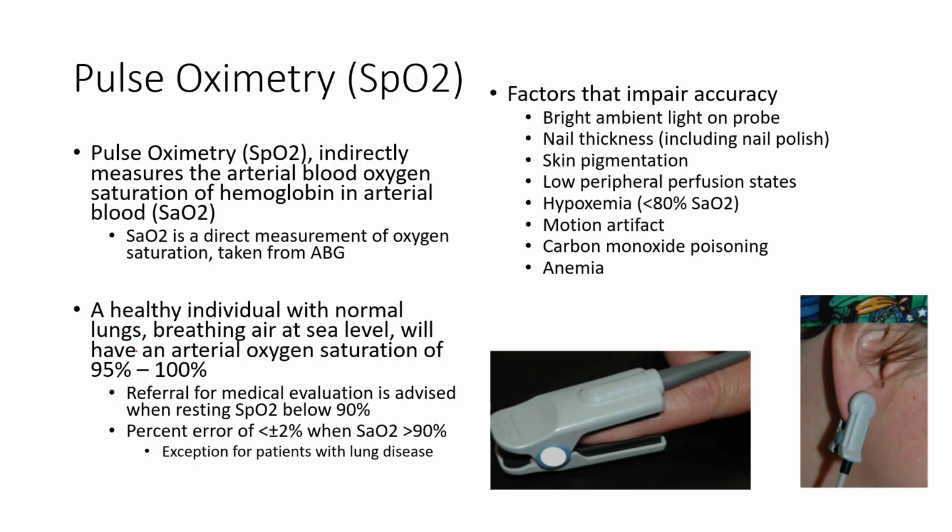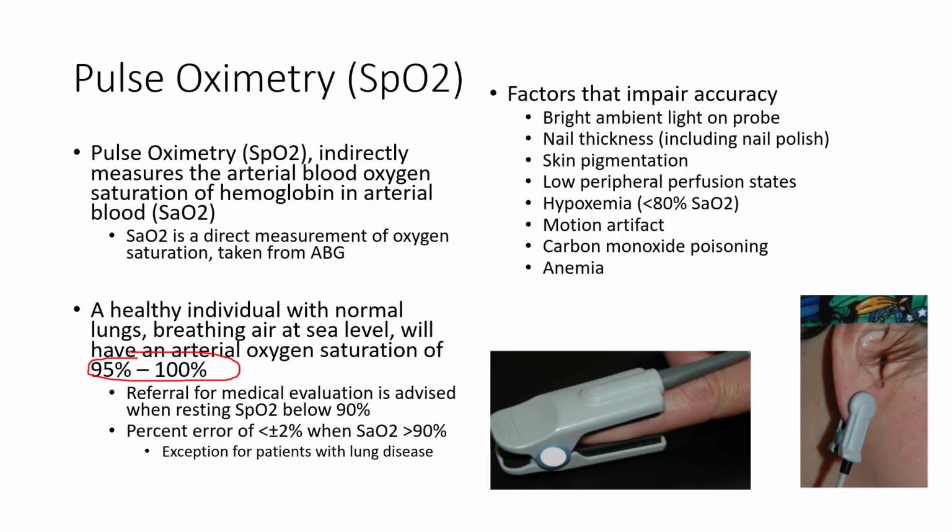Normal range should be about 95 to 100%. If we're at sea level, that should be pretty close to 100. Typically, the threshold for referral is anyone who falls below 90% on pulse oximetry.